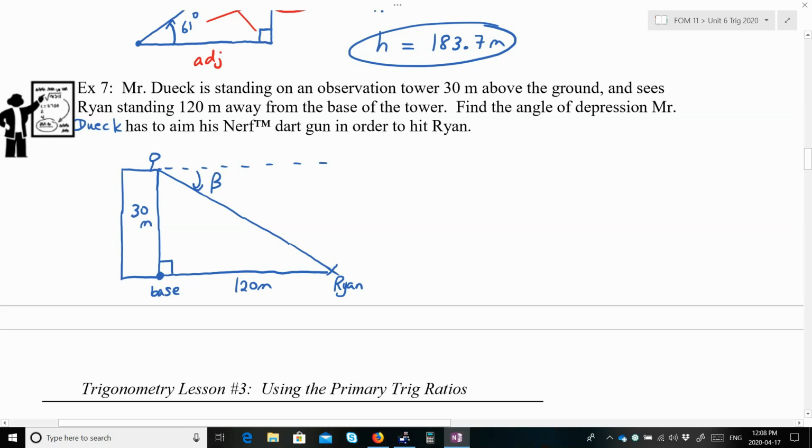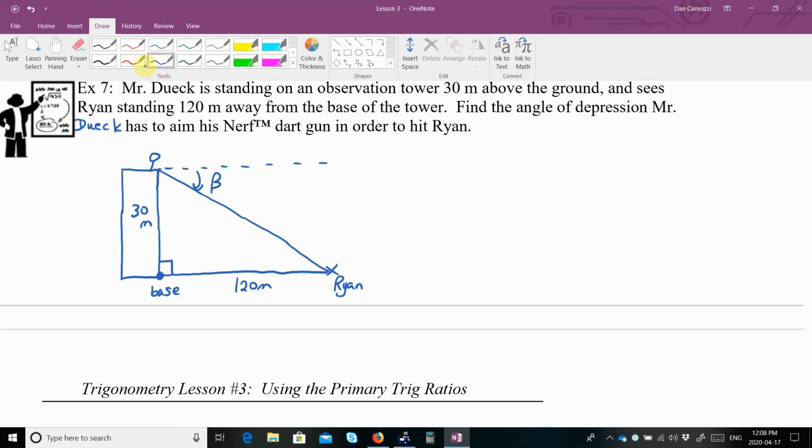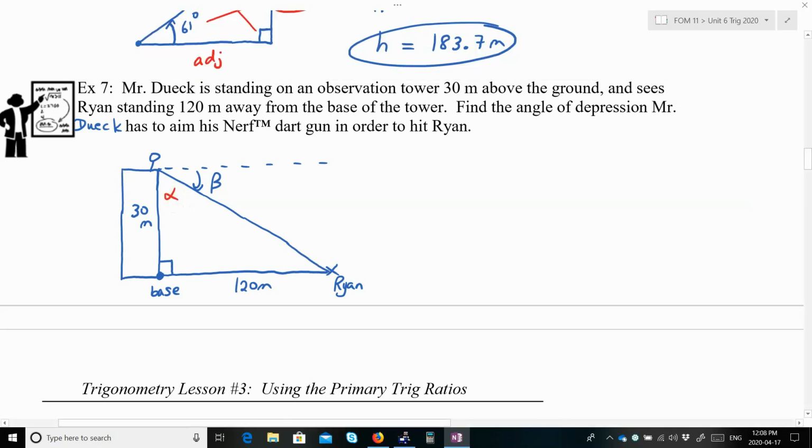And within the triangle, we can only get this angle here or this one. And so I'm going to get this one up closer to Mr. Dewick, because then we can easily get beta using some geometry. But let's figure out this angle right here, alpha. Okay, so we're looking for angle alpha first, and then we'll get angle beta.